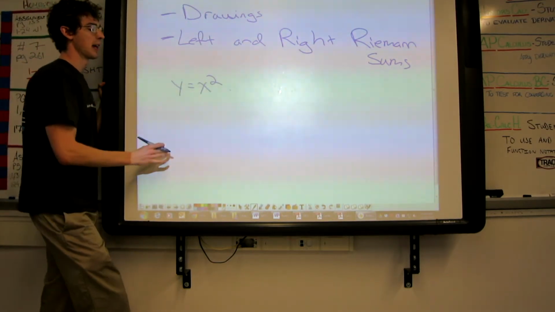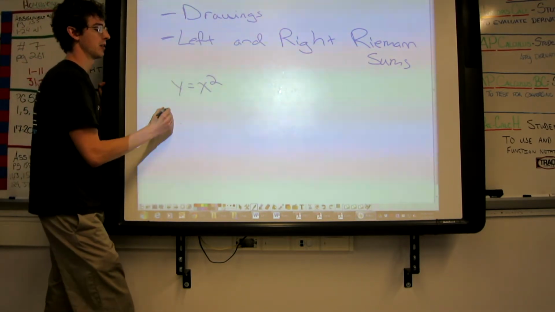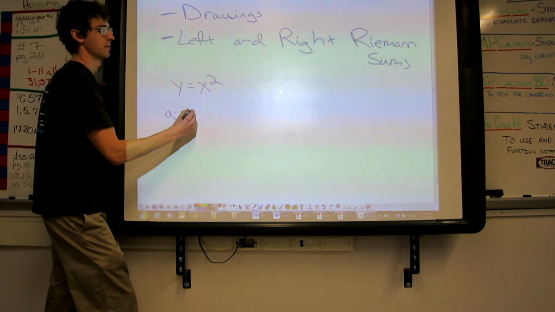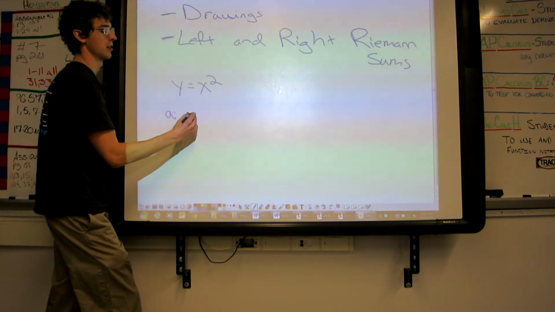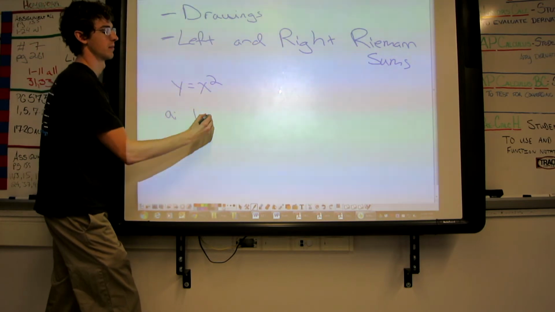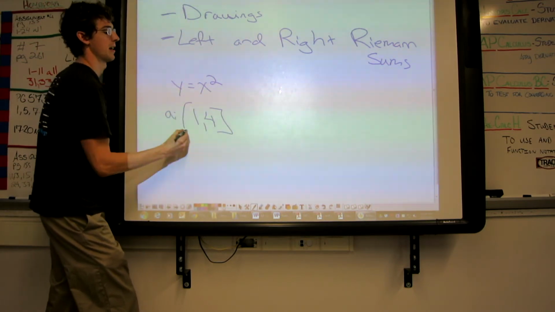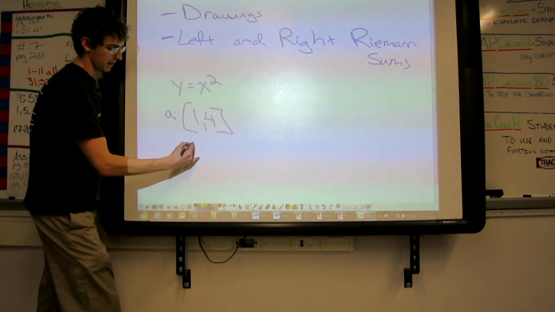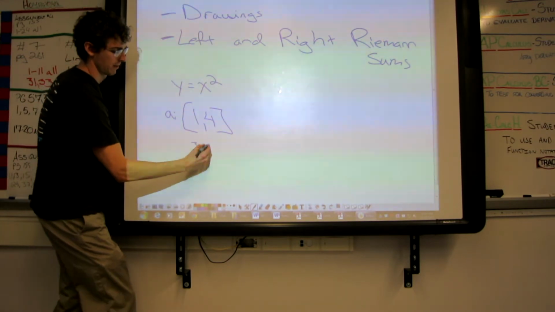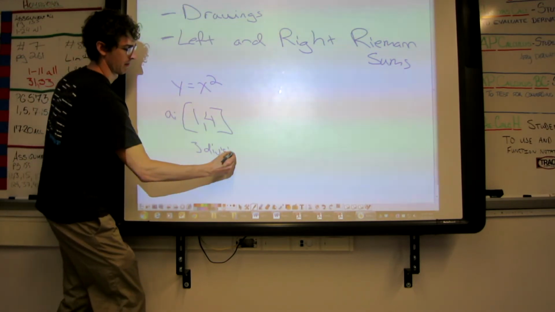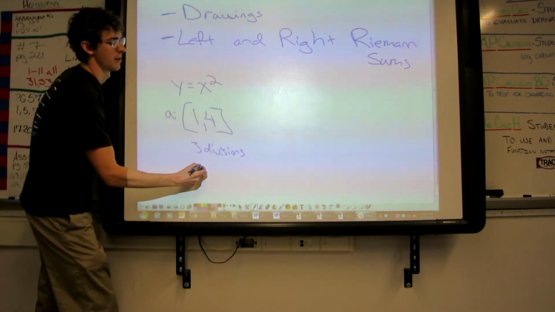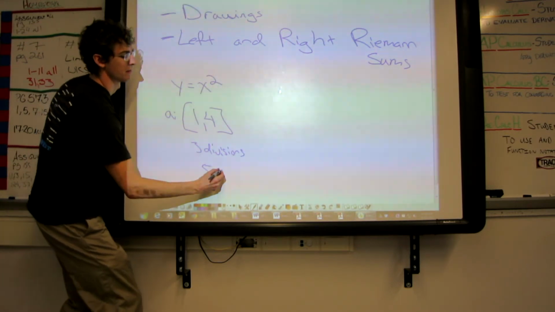So y equals x squared, over the interval 1 to 4, and I want it with 3 divisions, and I want it with 5 divisions.